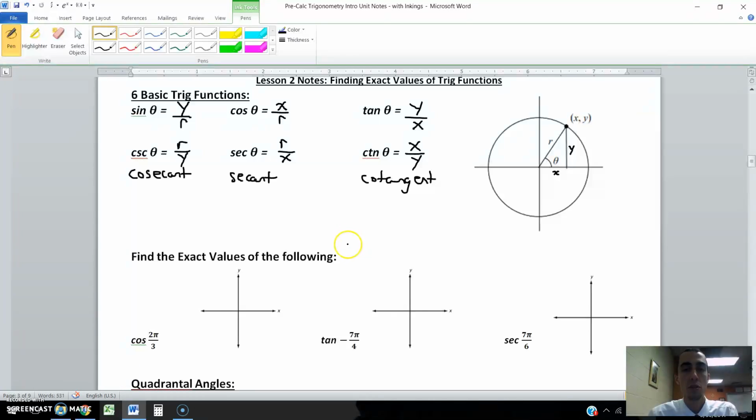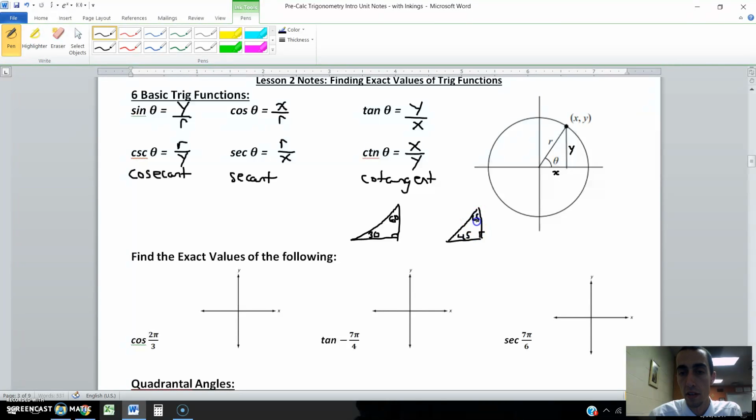And we're also going to use a couple of reference triangles that you've probably studied in the past. Those are the 30-60-90 triangle and the 45-45-90 triangle. We've got a 30, 60, 90 and a 45, 45, 90 here.